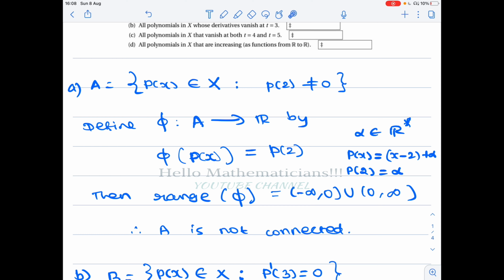Therefore, given a point here, you can find a polynomial. Note that p of 2 is not equal to 0. There is a polynomial whose image will be alpha. Therefore, the range of this function is R star, the non-zero real numbers. So we conclude that if this map phi is continuous, the range is disconnected, therefore the domain cannot be connected. Now why is this evaluation map at 2 continuous?